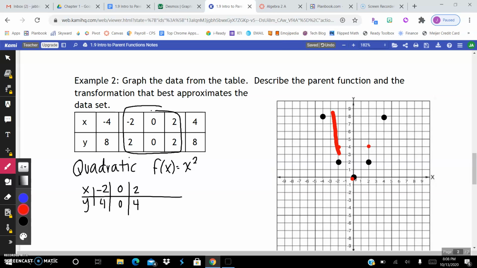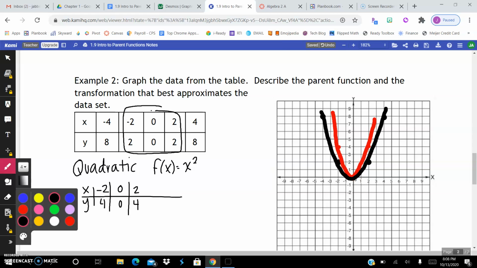It appears that our parent function is just a little bit smaller, or compressed, than our function that was given. Our parent function had an ordered pair of -2, 4, and this original graph given was -2, 2.